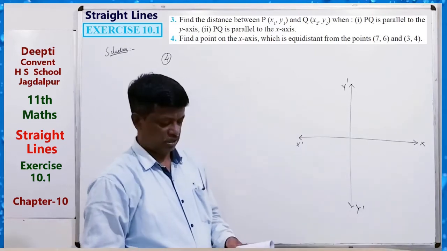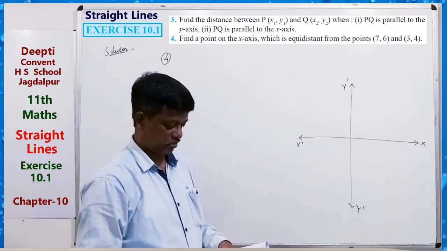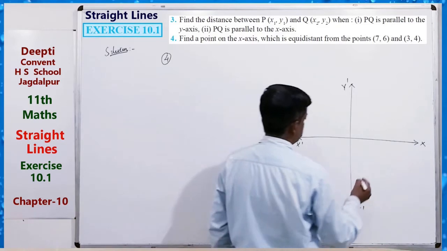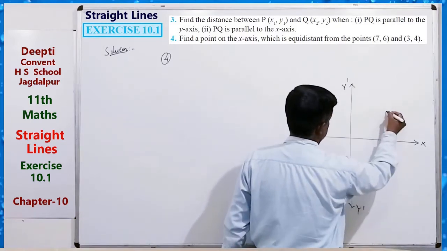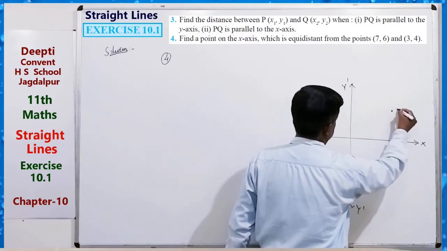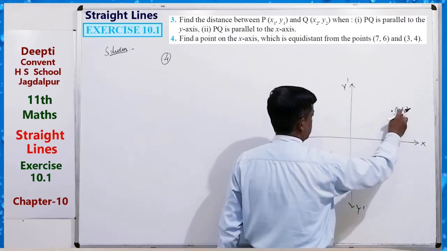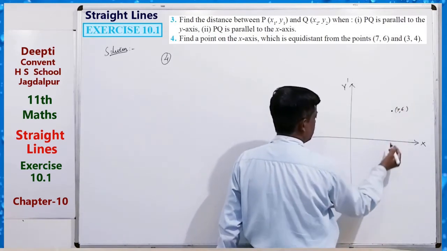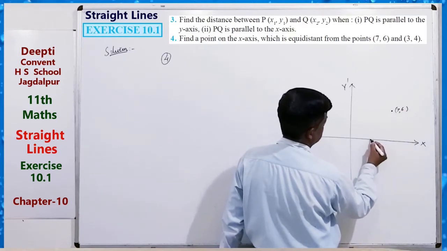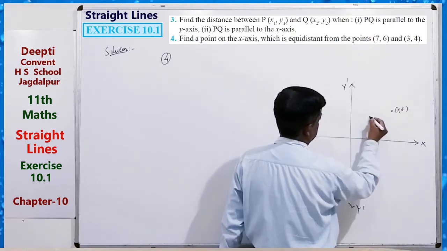Now here the points are (7, 6) and (3, 4). Suppose this is point (7, 6) and (3, 4); 3 is here, 4 is here.